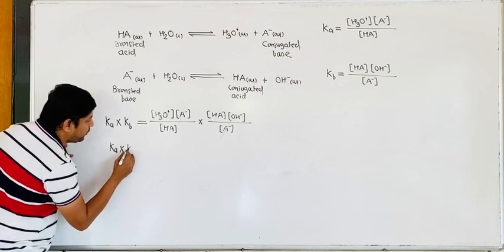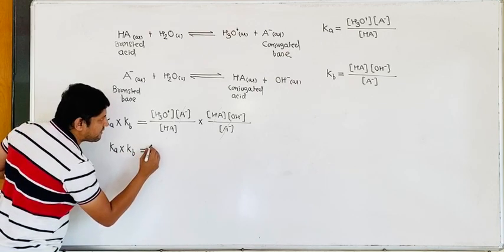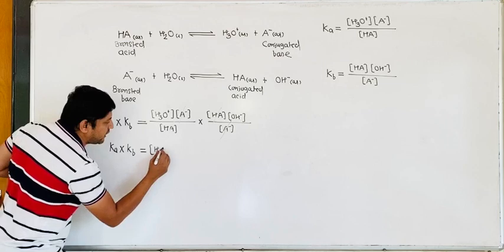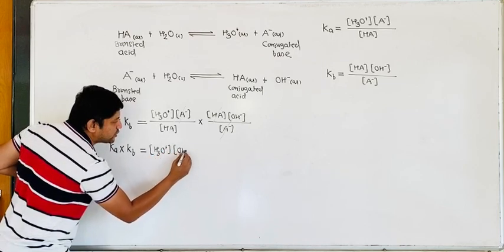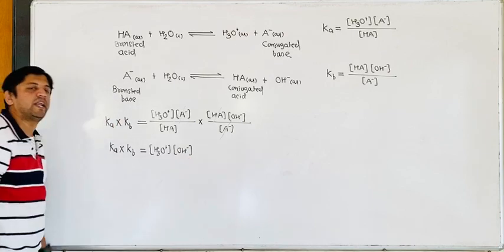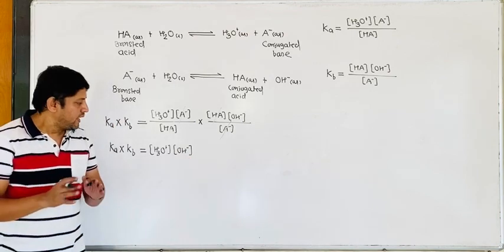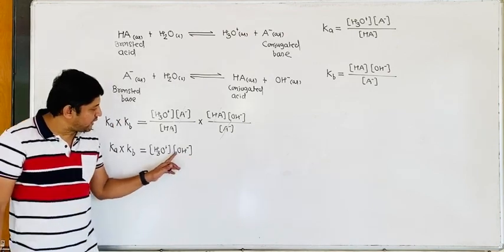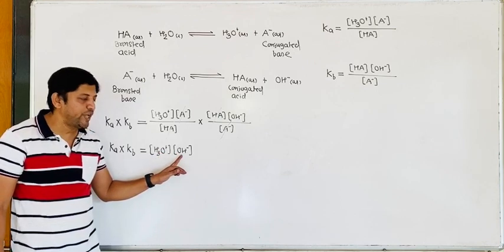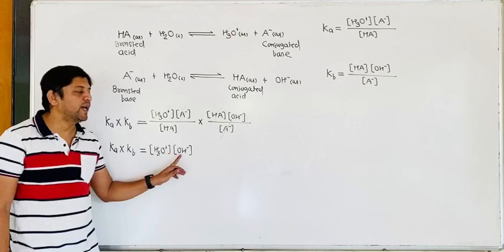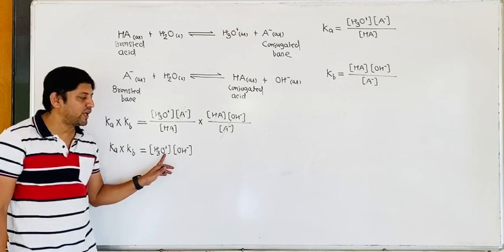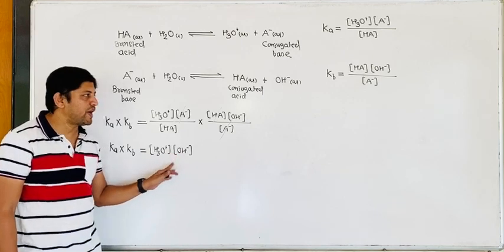Ka into Kb for conjugate acid base pairs is equal to concentration of H3O plus at equilibrium into concentration of OH minus ions at equilibrium. Now this ionic product of H3O plus and OH minus ion at equilibrium represents Kw, ionic product of water, H plus ions, OH minus ions.